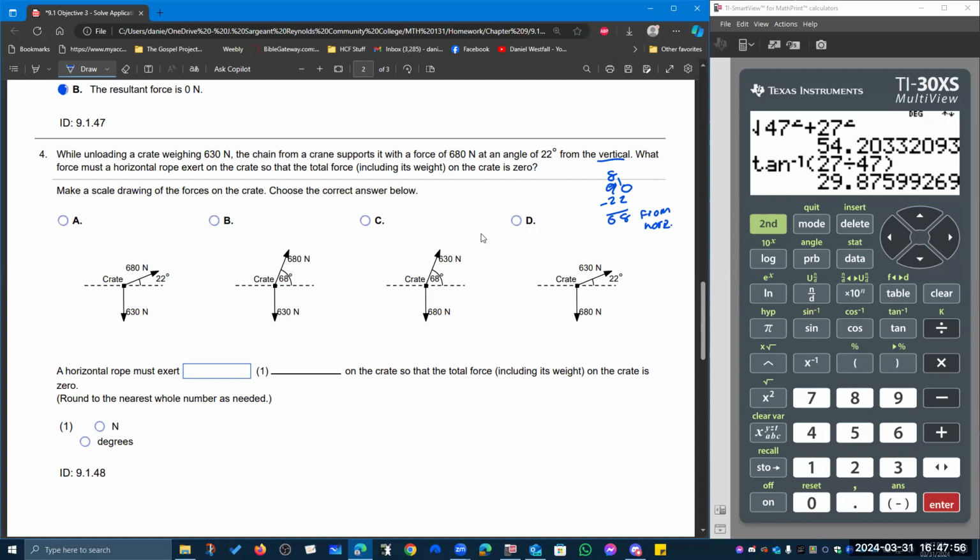So that looks like this one to me, 630 newtons of force this way and 680 that way.